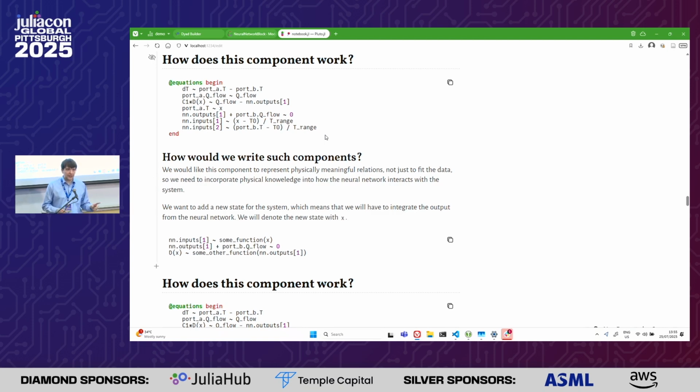Actually, in version 1 of ModelingToolkit neural nets, which was working with MTK v9, because of how the equations were ordered in MTK, we would always get a DAE because the updates to the neural network were done via algebraic equations instead of being already embedded in the update. So that was a side effect of how the symbolic system in ModelingToolkit was interacting, and there were cases in which it would give you DAEs or not.